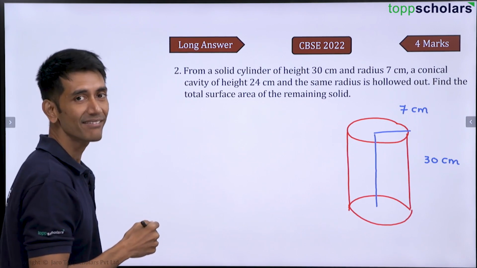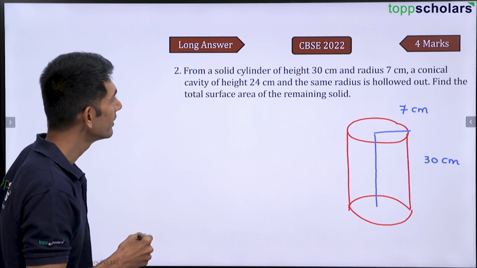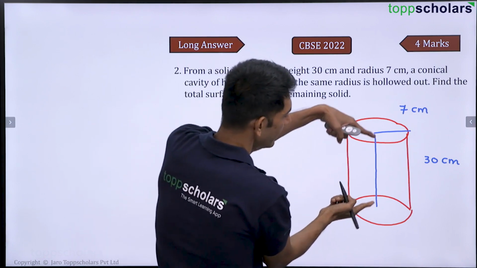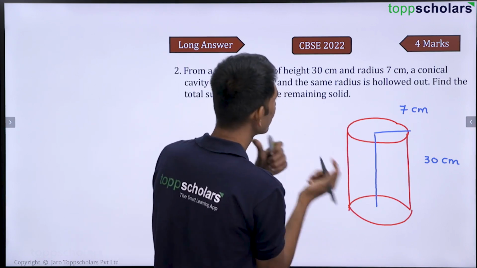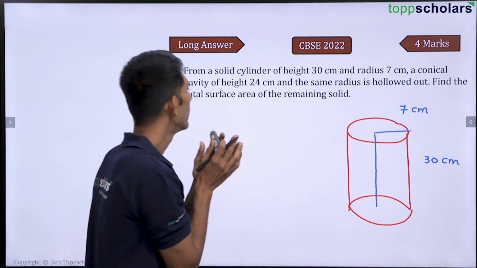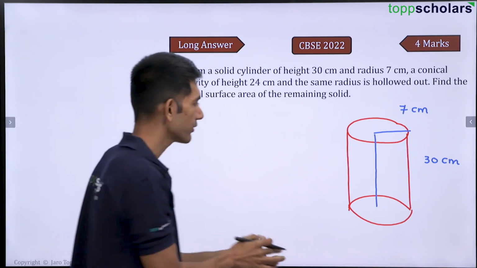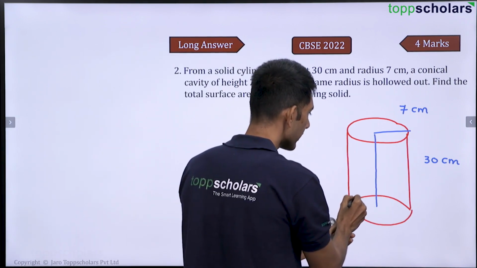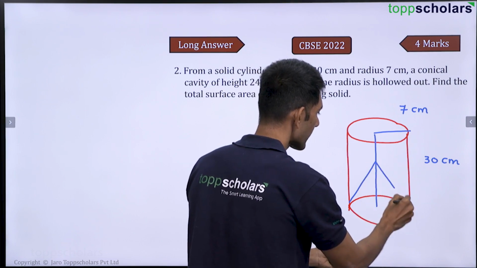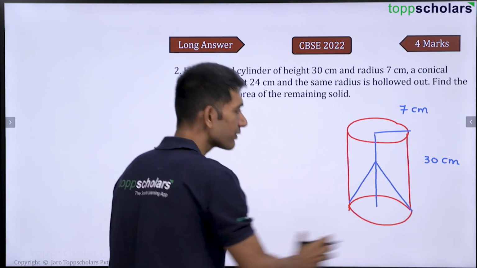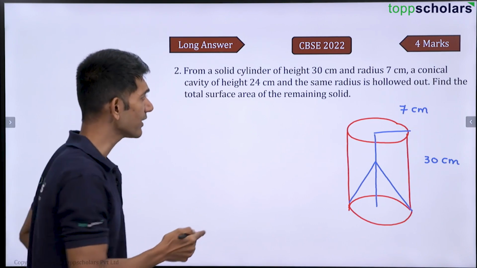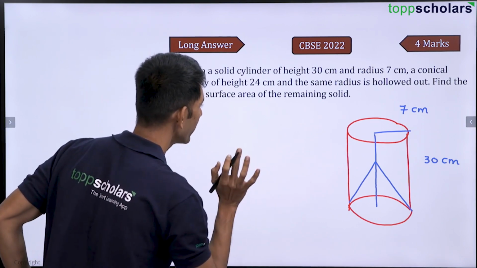And a conical cavity of height 24 centimeter, which is smaller than 30, is hollowed out and the radius is kept the same. So this cone is removed. We are supposed to find out the total surface area of the remaining solid.